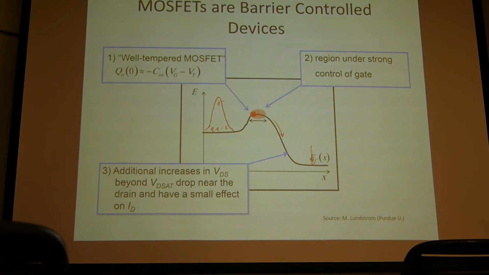Then the current will no longer increase. That is the saturation. But in reality, the saturation never happens because the drain voltage will also affect this barrier a little bit, as we showed in one of the earlier slides, this DIBL effect, drain induced barrier lowering. So that means the current will no longer saturate.